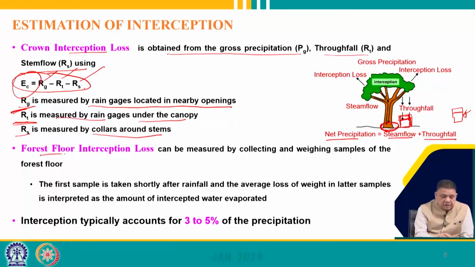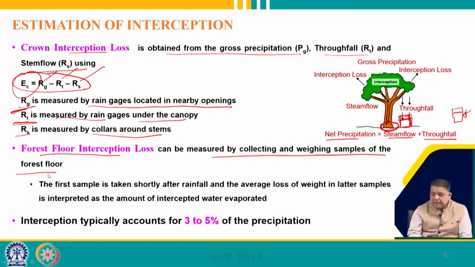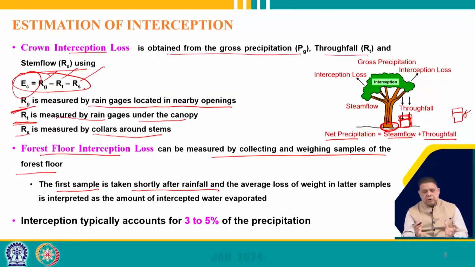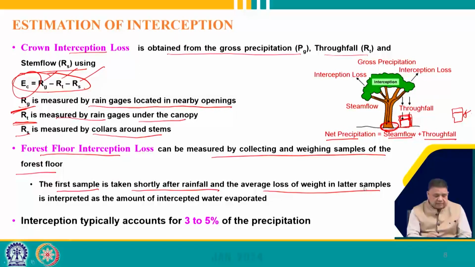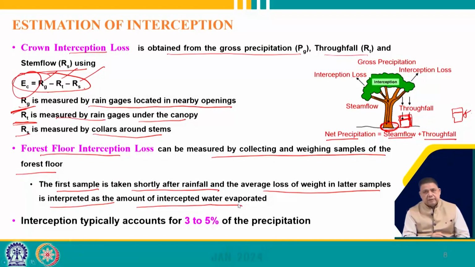The next loss is forest floor interception loss. It can be measured by collecting and weighing samples of the forest floor. There will be litter on the ground which traps, intercepting the rainfall. If you collect a sample shortly after rainfall, when it is soaked by water, and the average loss of weight in the latter samples is interpreted as the amount of intercepted water evaporated.